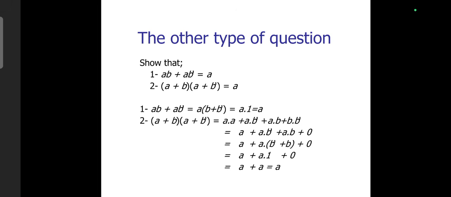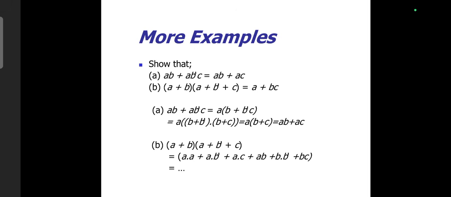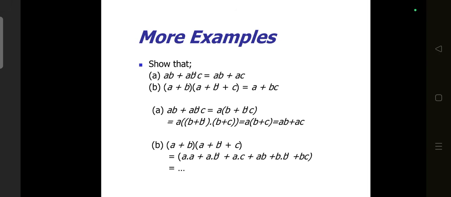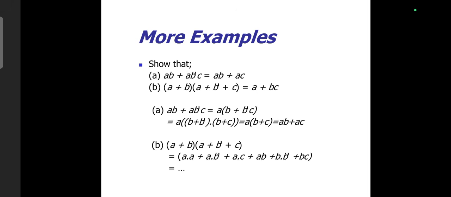Another one is AB plus AB bar C equals AB plus AC. And we have another expression, A plus B into A plus B bar plus C, equals A plus BC. You try it yourself.